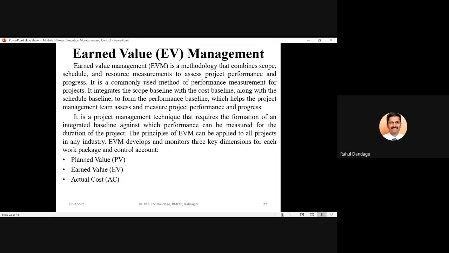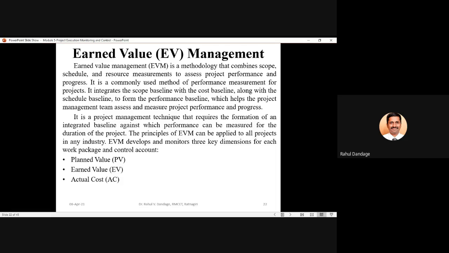The EVM develops and monitors three key dimensions for each work package and control account. So what are the three key dimensions? They should be understood. One is planned value, denoted as PV, one is earned value, denoted as EV, and third is actual cost, denoted as AC.